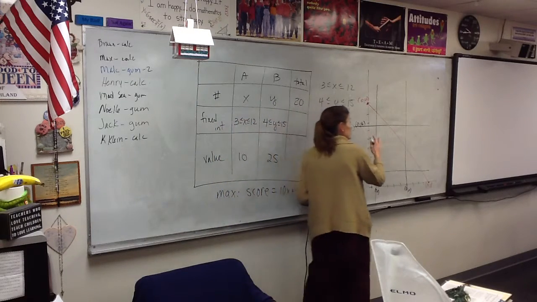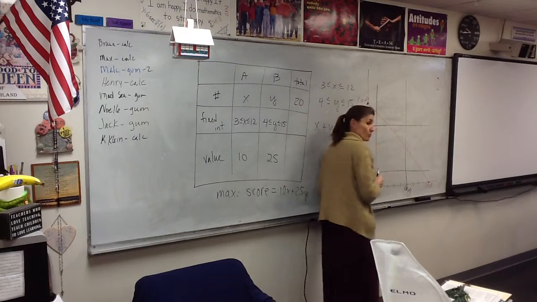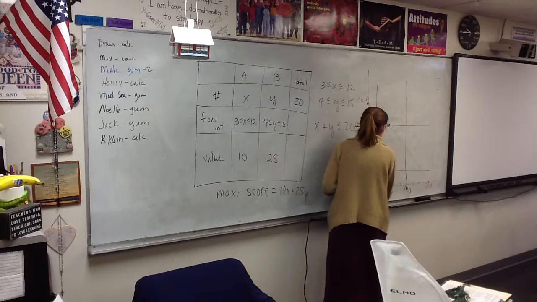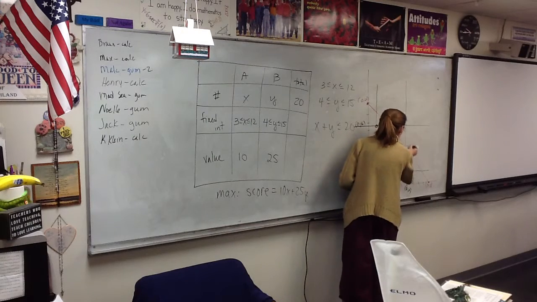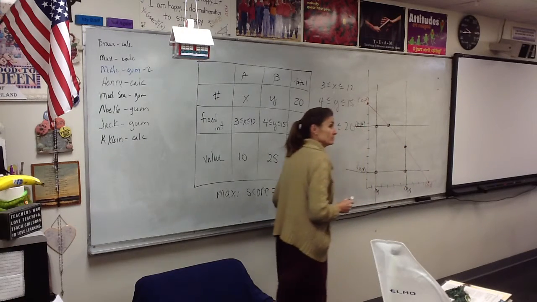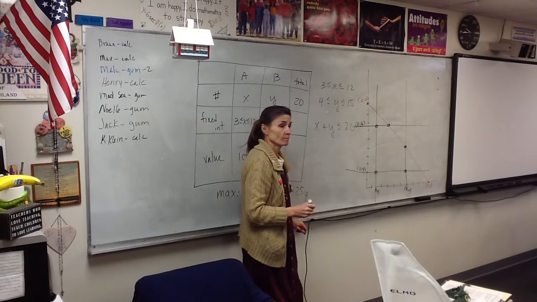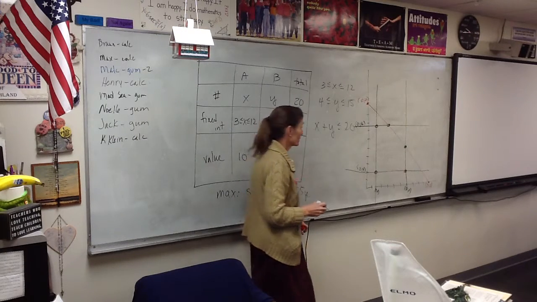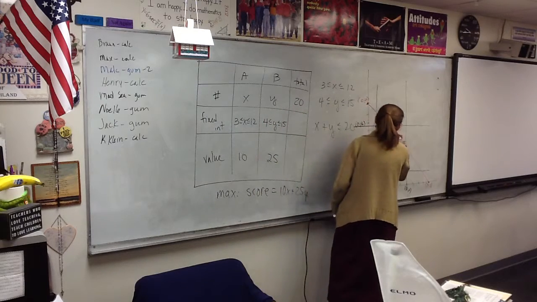Below. Inside the box, but below the red line? So that would be bounded by these 5 points. Would you agree with me? We're looking at this region right here.